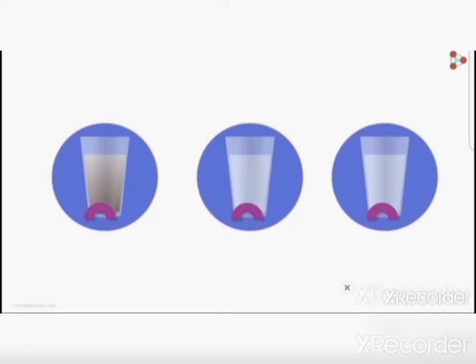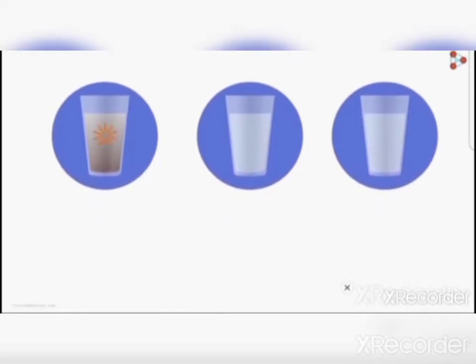Yes, you can easily identify the muddy water, but what about the other two? We can't differentiate between the other two as both the mixtures look like water. This is because in these two cases we can't see the dissolved salt and sugar particles with naked eye.